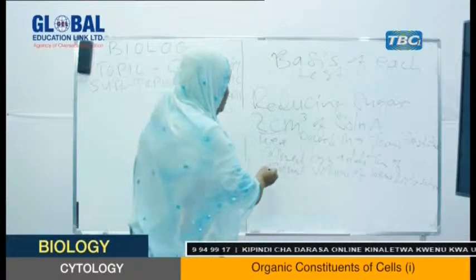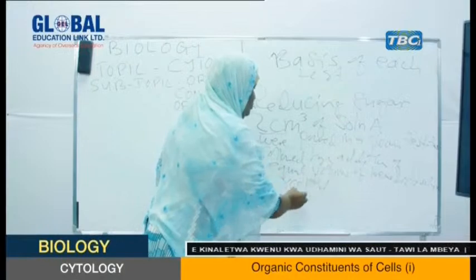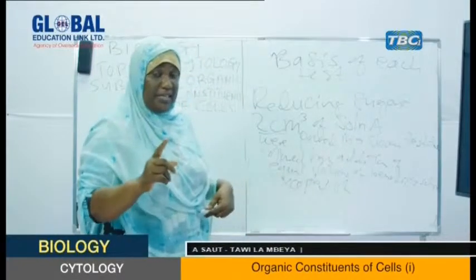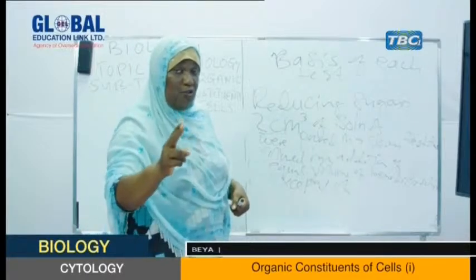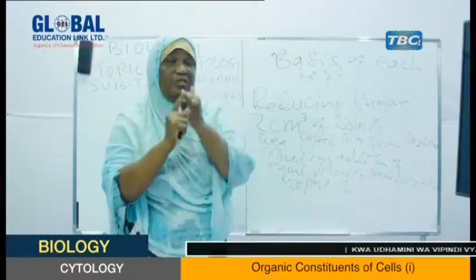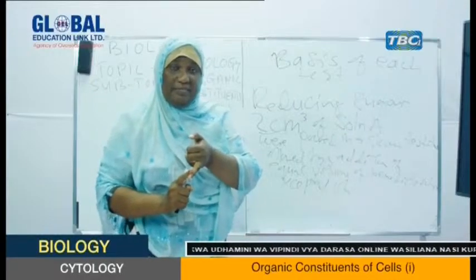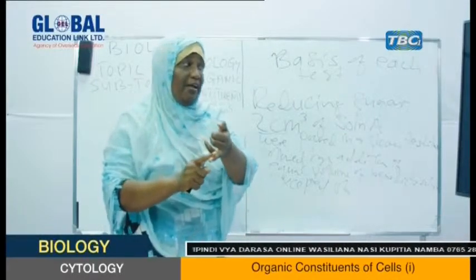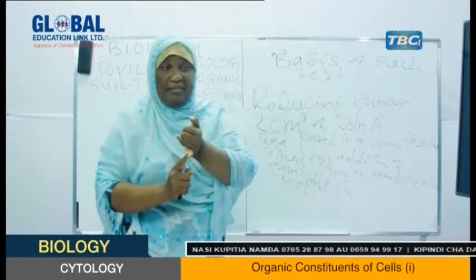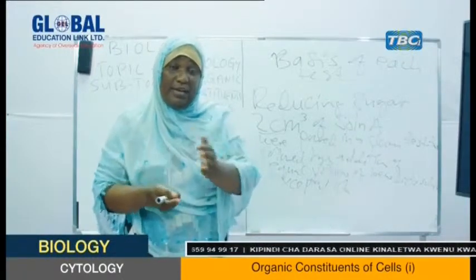You also know the expected observations. Here, you expect 2 things: whether to get a positive result or to get negative results. If reducing sugar is there, you can get positive results. If reducing sugar is not there, then obviously you can get what?